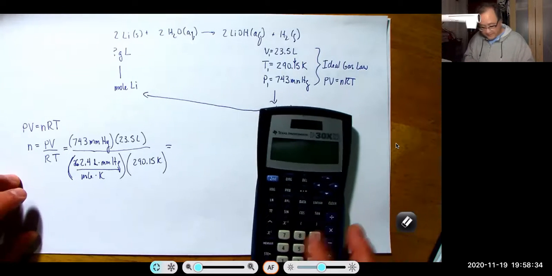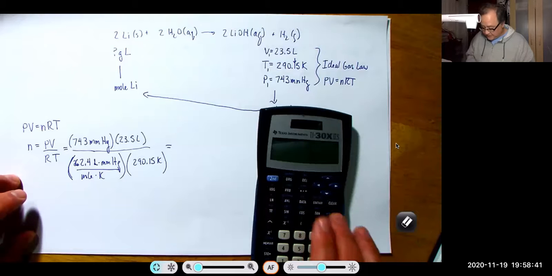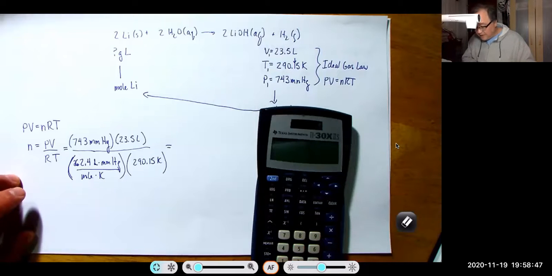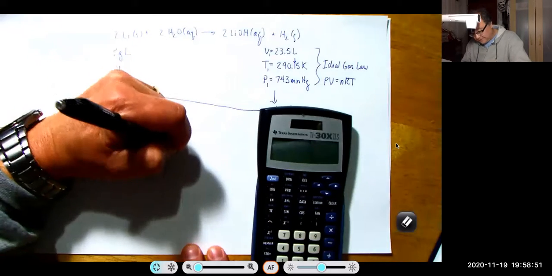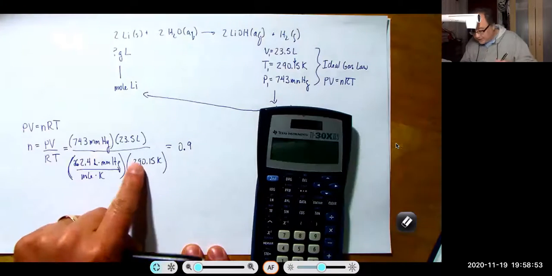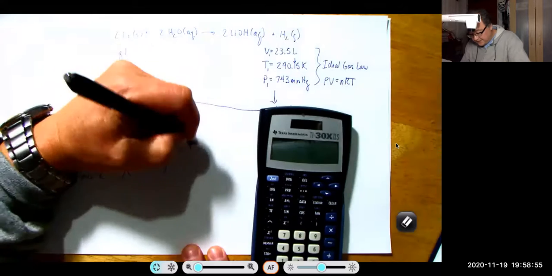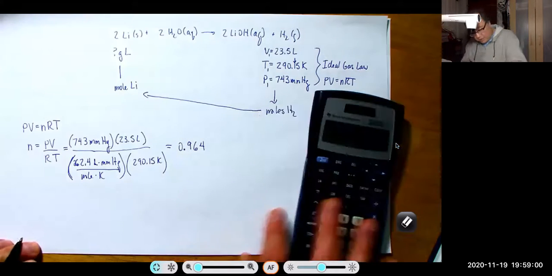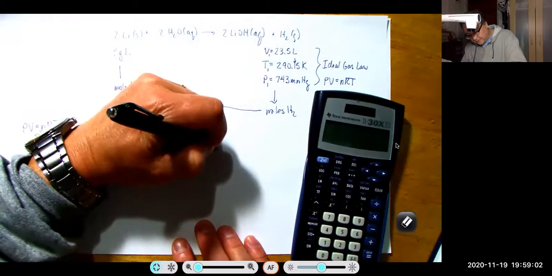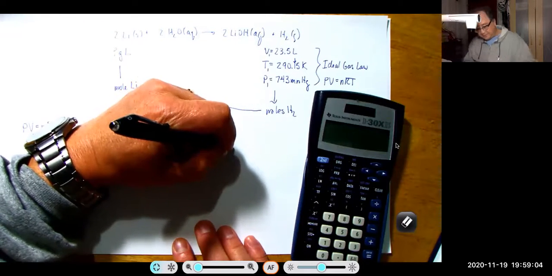So let's see what we get here. 743 times 23.5 divided by 62.4 and divided by 290.15. And we get 0.96, and with 3 sig figs, 0.964. And that's going to be moles of H2.